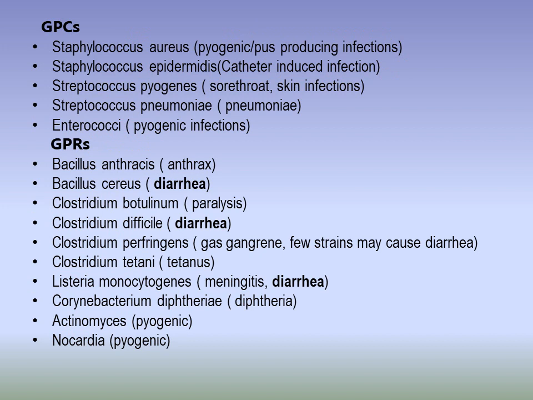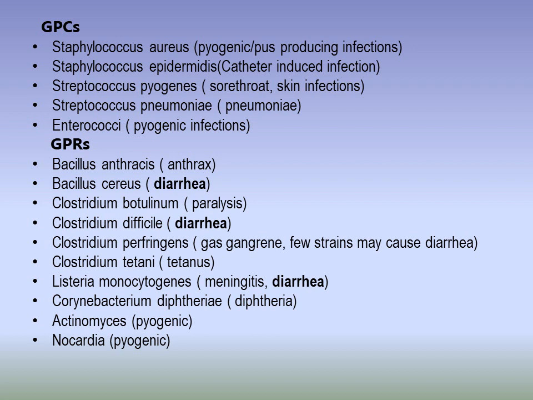Now, just a little overview of the diseases that these organisms are usually responsible for. Staphylococcus aureus are pyogenic organisms that produce pus causing infections. Staphylococcus epidermidis is involved in catheter induced infections.